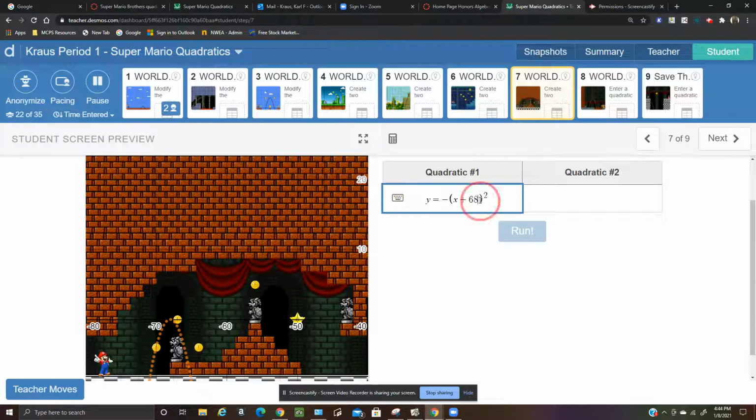So let's move it over. And in this vertex here, looks to be about negative 55, 5.